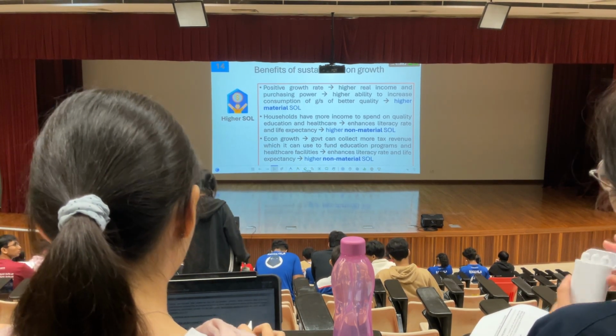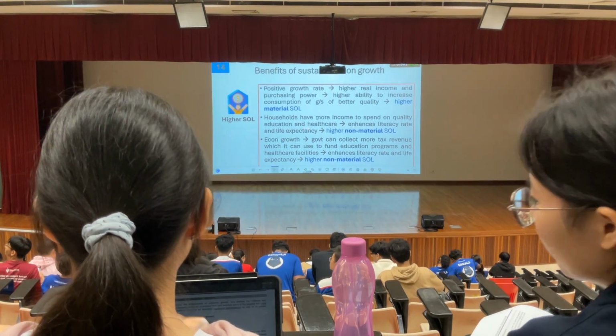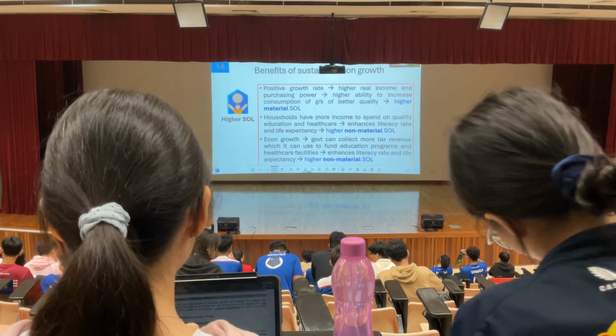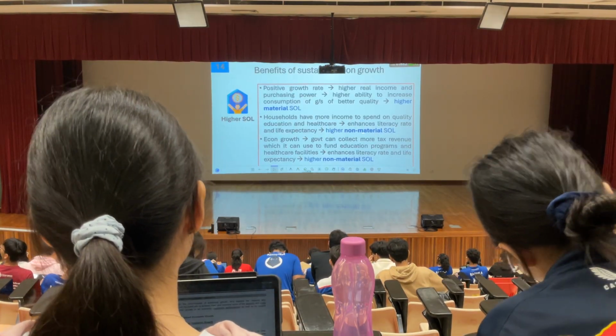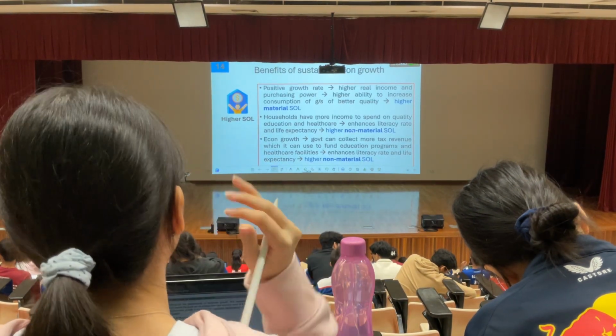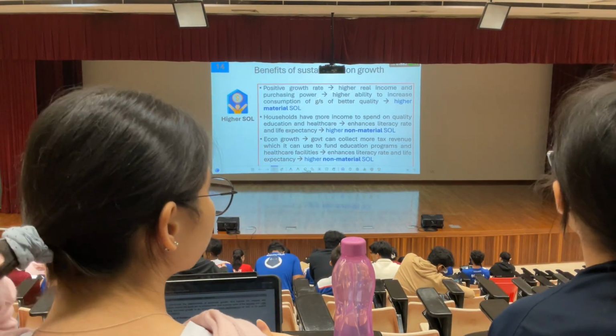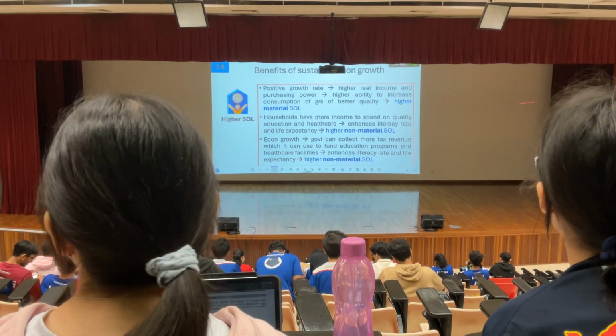At the same time, when households have more income, they will have more income to spend on better quality education, better quality healthcare. And that can enhance the literacy rate and life expectancy, leading to higher non-material standards of living. I'll merely summarize the points here. It's the same as what you have in your lecture notes.